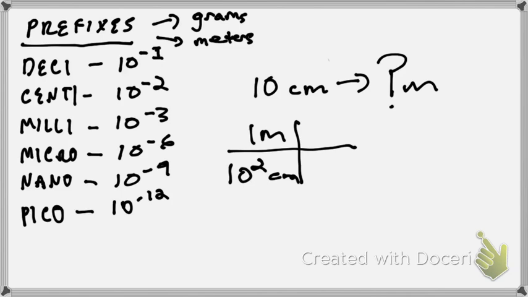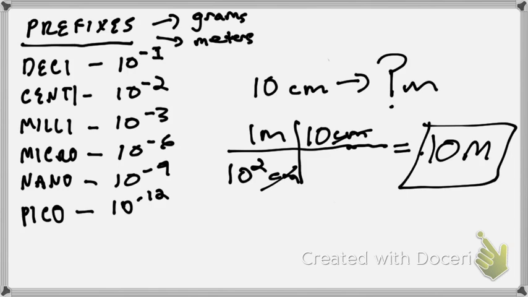So if we convert to meters, all we have to do is divide the 10 centimeters by 100. So 10 divided by 100 is how much? Well, 10 divided by 100 is 0.1. So it's 0.1 meters. That is how much 10 centimeters is in terms of meters.